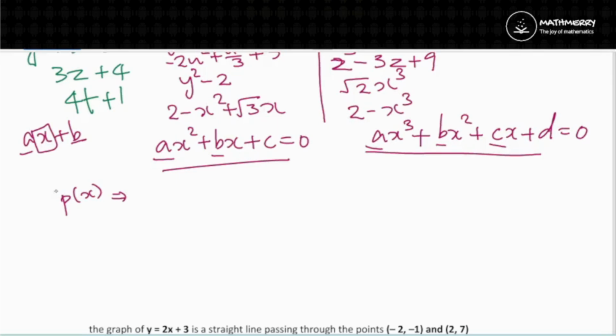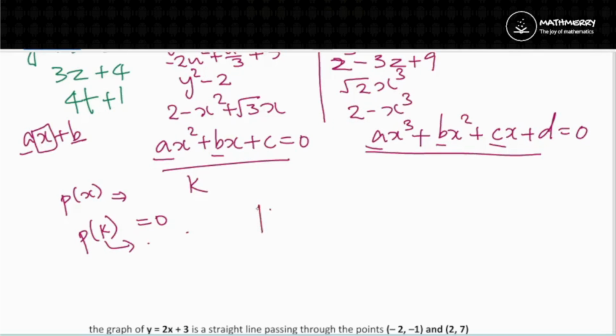Suppose there is a value k. When we put k in the place of x, if we are getting 0, we can say that k is the 0 of this particular polynomial. So a real number k is said to be a 0 of the polynomial p of x if p of k is equal to 0.